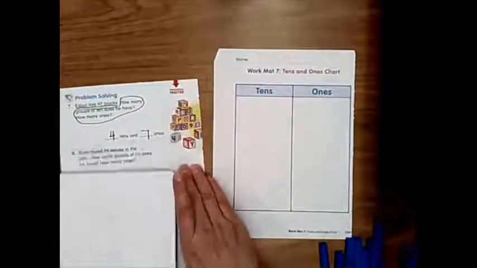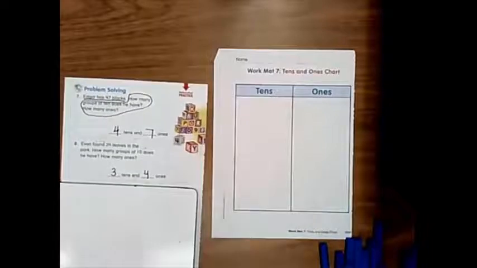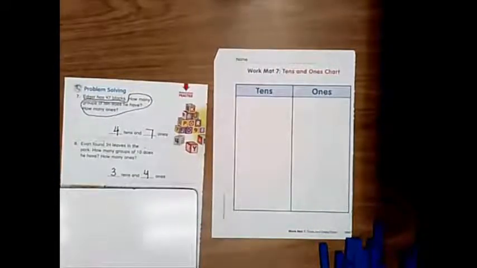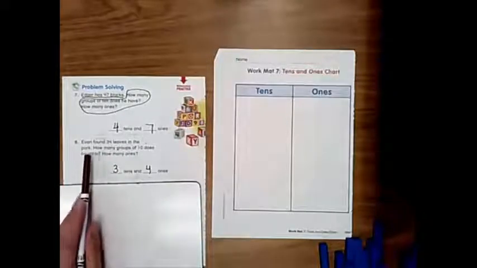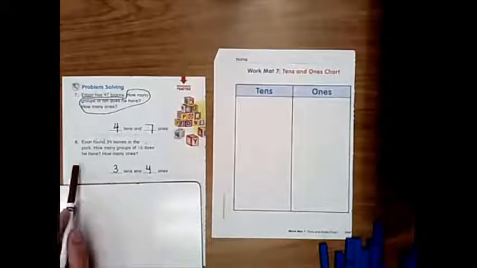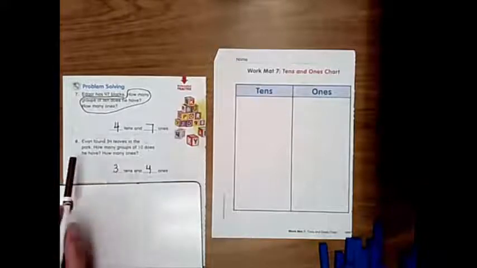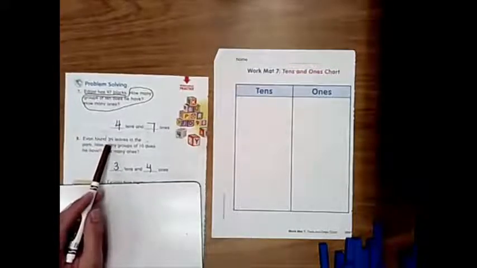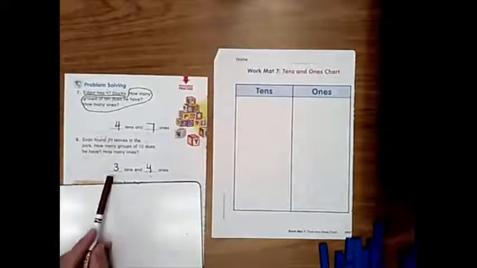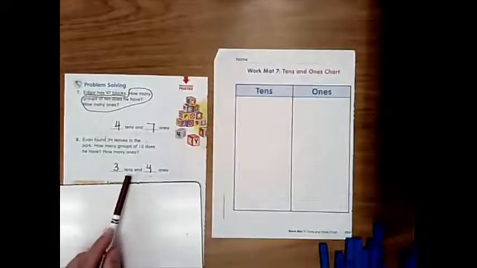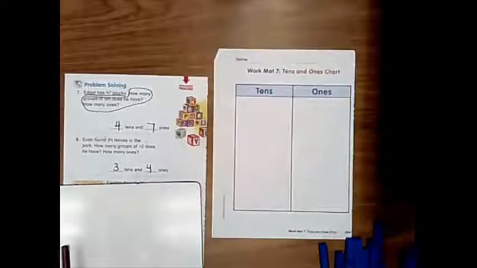All right, and this one says, Evan found 34 leaves in the park. How many groups of 10 does he have? How many ones? Well, the 34, that gives me a hint. I think there's going to be 3 tens and 4 ones. So I'm writing that down, 3 tens and 4 ones. Let me check my answer.